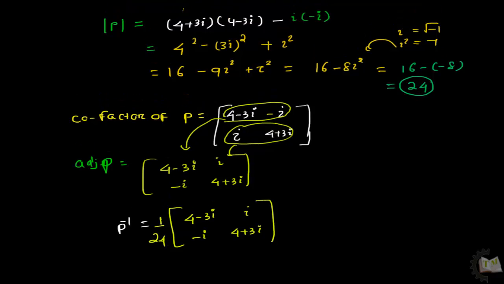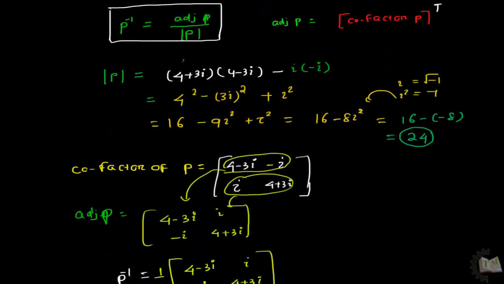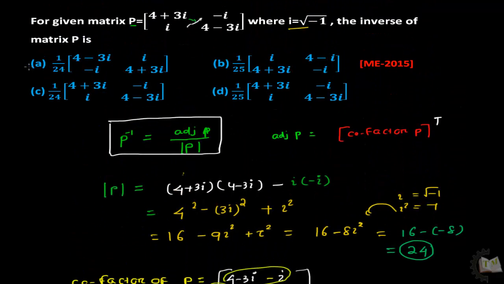Now go to the options. 1 by 24 appears in two options, A and C. Then compare with the other part, that is 4 minus 3i, i, minus 4 plus 3i. That is the right answer. The right answer is A.